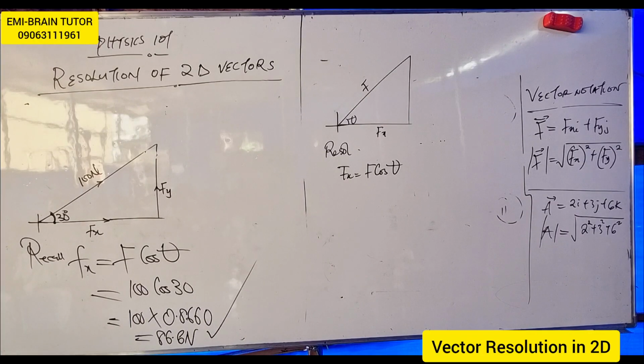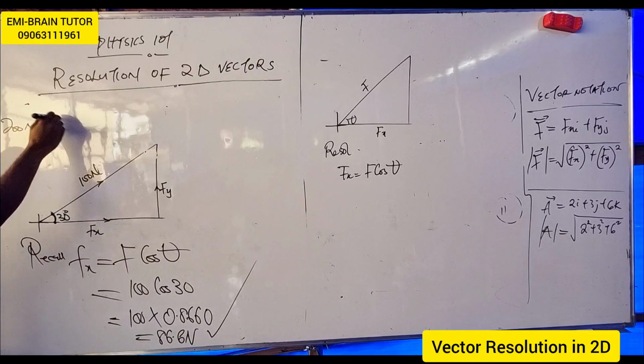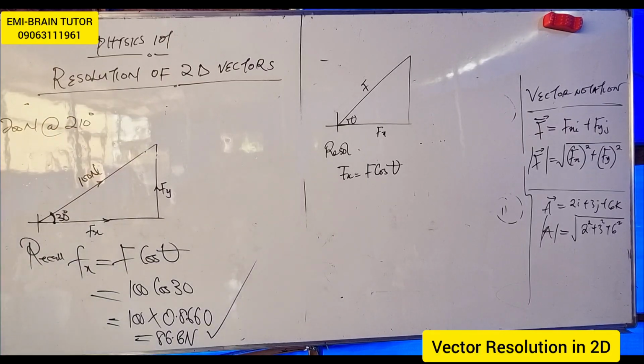Find the component of each vector. A, force of 300 Newton at 30 degrees above the x-axis. B, force of 200 Newton at 210 degrees below the x-axis.